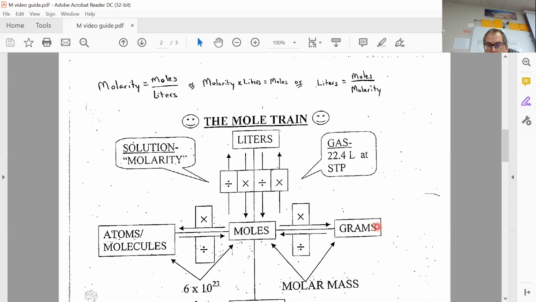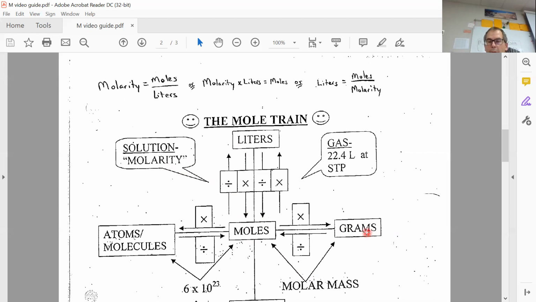So I'm going to start at grams, divide by molar mass to get to moles, and then take my moles and divide by molarity, which is also given, to get to liters. Notice it's divide and then divide again, whereas the opposite problem was multiply and multiply again.